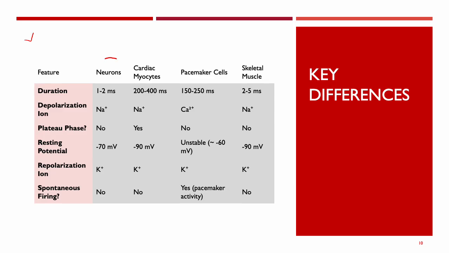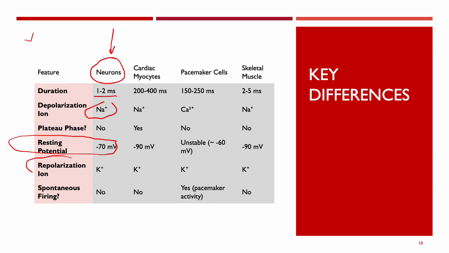So let's take two for example. We have neurons here, okay? Let's look at neurons. Now, it has a duration of 1 to 2 milliseconds, so it's really fast. It has a resting membrane potential of minus 70 millivolts. It depolarizes, and the main ion involved in that is sodium, the influx of sodium into the cell.